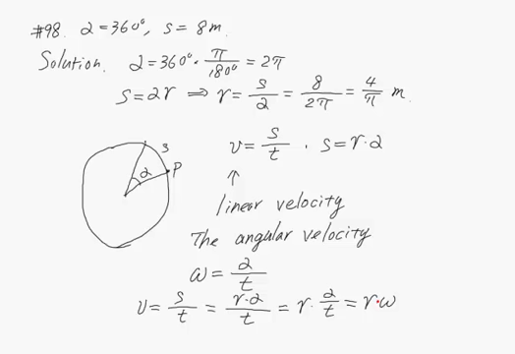And to solve the problem involving the linear velocity and the angular velocity, we need to know the conversion between the mile, feet, inch, and the yards. Let me list this conversion for you. So 1 mile is equal to 5280 feet.